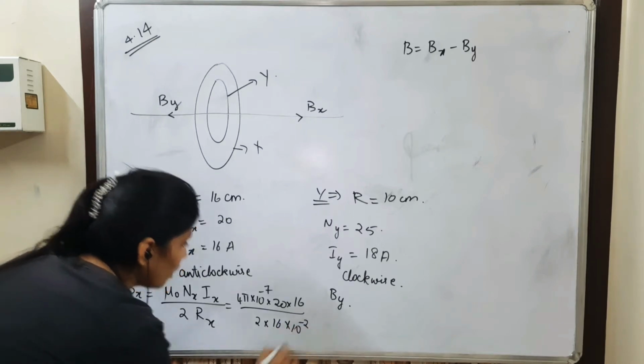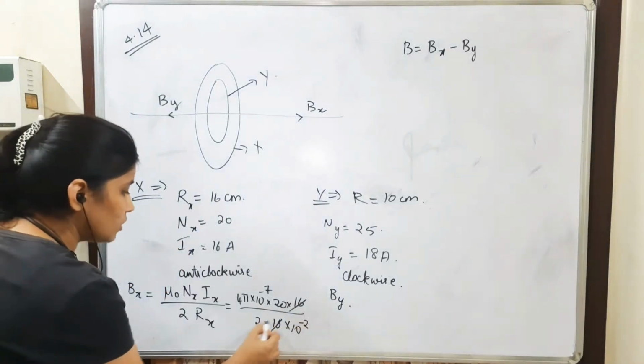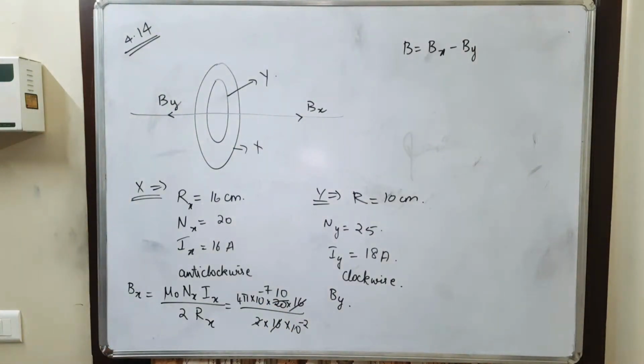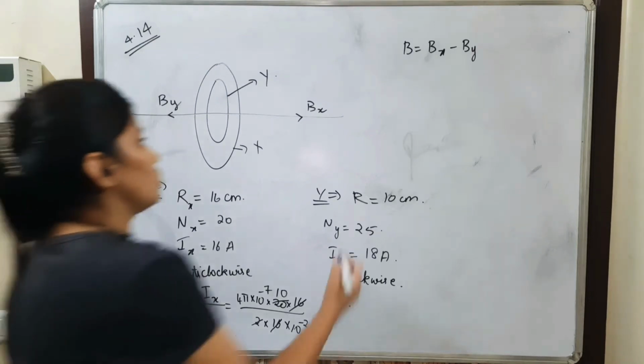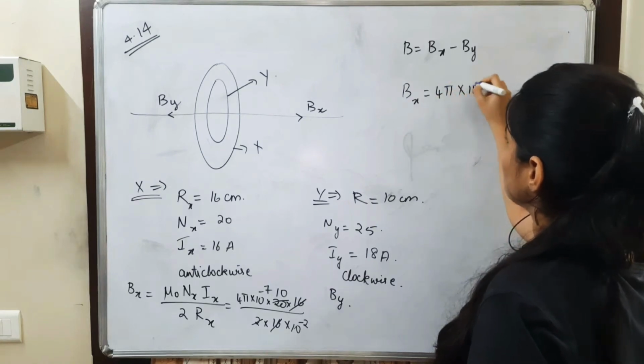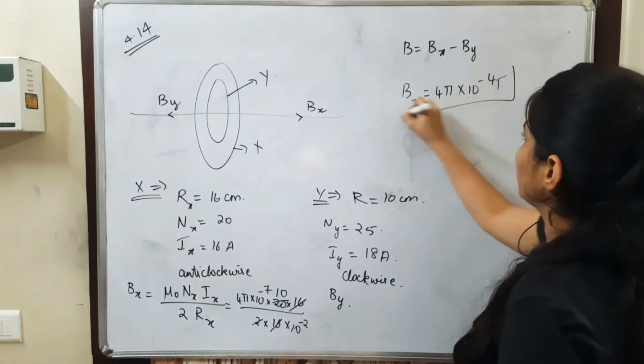We will convert it into meters. So Bx is equal to 4 pi into 10 to the power of minus 4 Tesla.